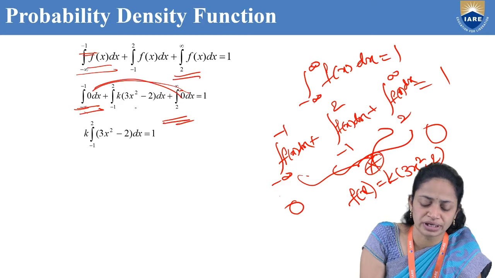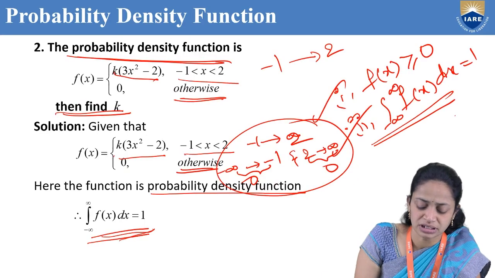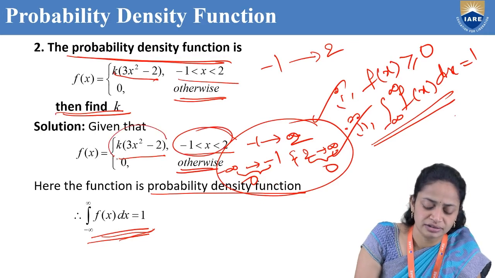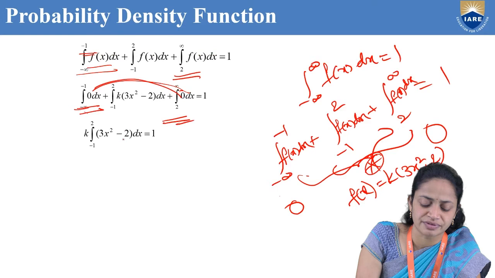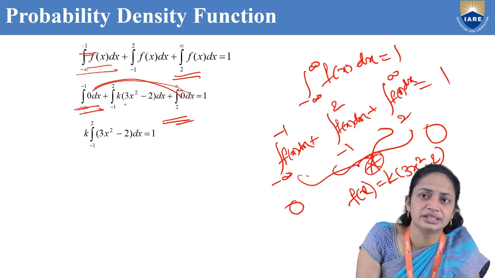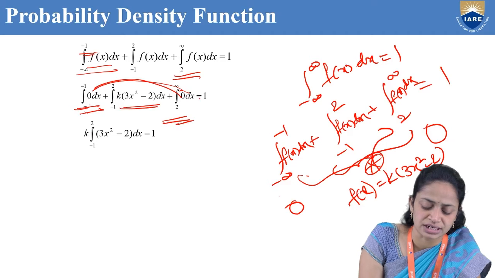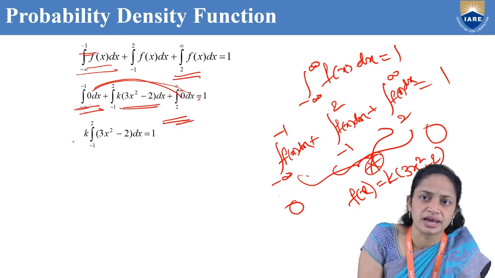Based on the question, the limits are minus 1 to 2, and there the function is k into 3x square minus 2. So these two cases are 0, and you can keep the k outside. So k into the integral from minus 1 to 2 of 3x square minus 2 dx equal to 1.